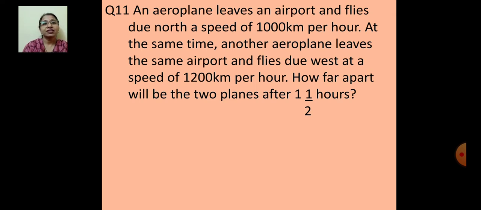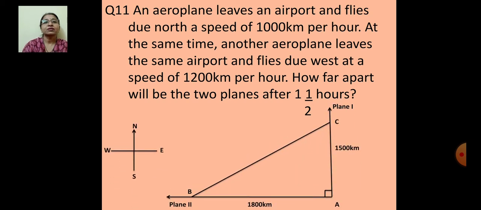So let us try to draw a diagram. So here direction arrows are given: upper, north, south, east, west. Okay. So in the diagram, point A represents the airport.